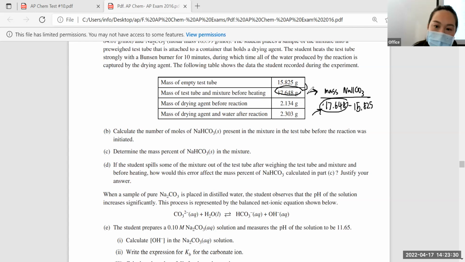I would have less, because if I have less of my reactant, then I would have less water collected by my drying agent. Everything would be smaller than what we actually predicted it would be.